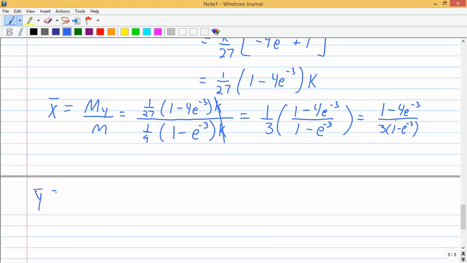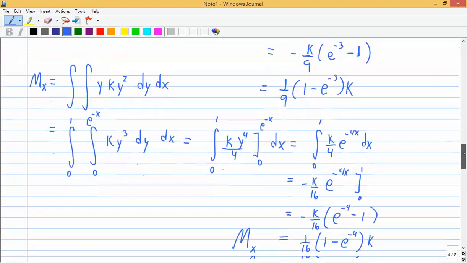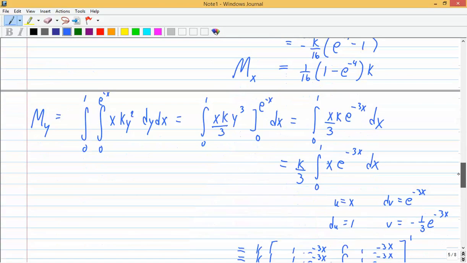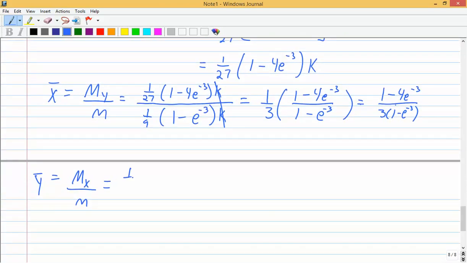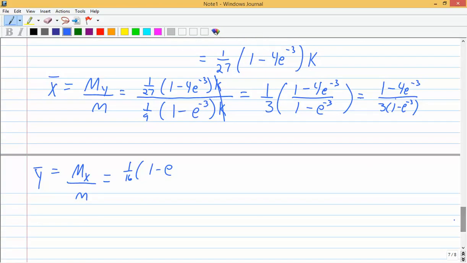And now y bar is the moment about the x divided by the mass. So that was, where's the moment about the x? Up here, 1/16 times 1 minus e to the negative, was it -3? -4. -4 times k divided by that same mass.